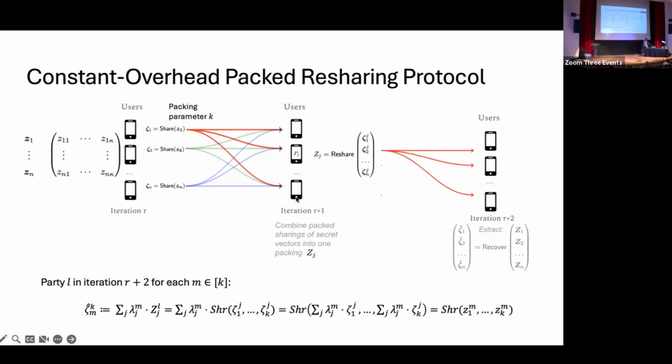And so in the end, what the parties get in iteration R plus two is shares of the original values that those parties in iteration R shared. And we can just keep on doing this strategy across time.